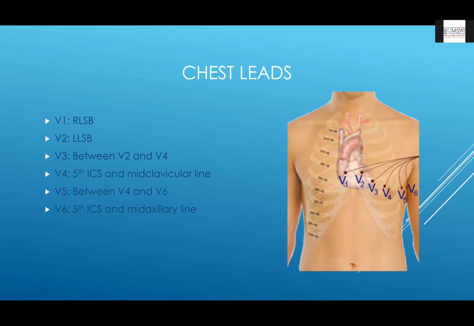And V3 goes between V2 and V4. And then V6 goes at the 5th intercostal space, mid-axillary line. And then you place V5 between V4 and V6. So there's really only 4 locations that you need to learn, and the other 2 you can just put in between.